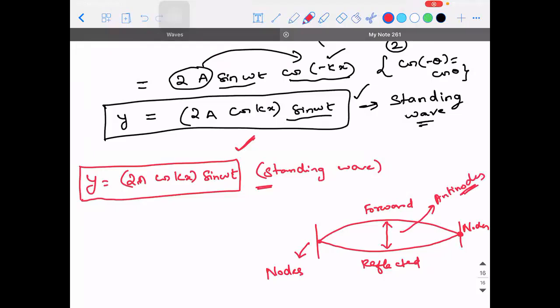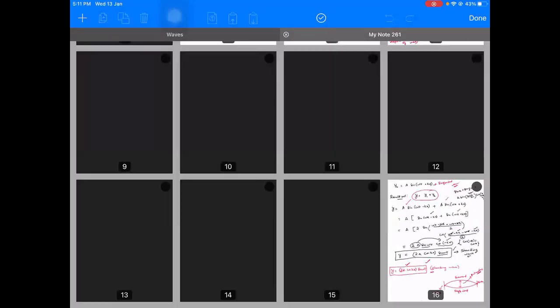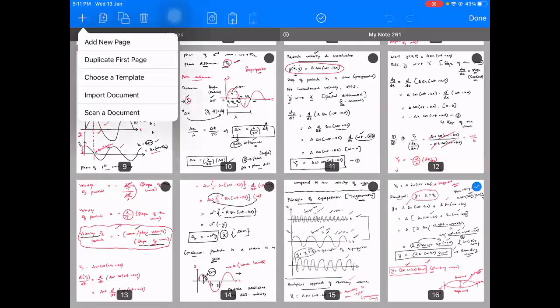So antinodes are the points where the amplitude is maximum. Nodes are the points where the amplitude is least, that is zero. Now with the help of this mathematical equation, we are going to find out at which points we have nodes and antinodes.